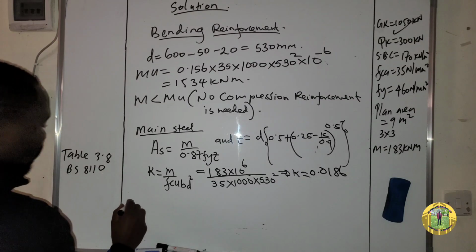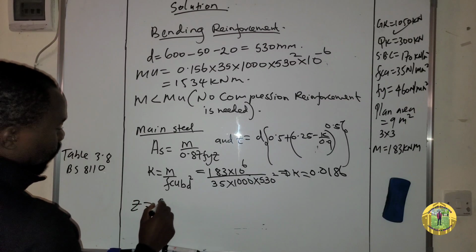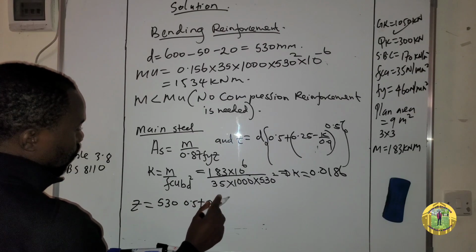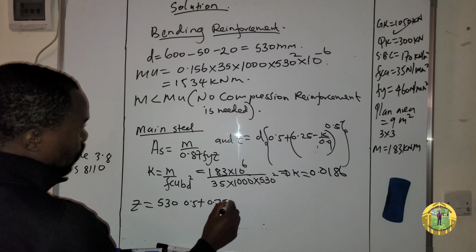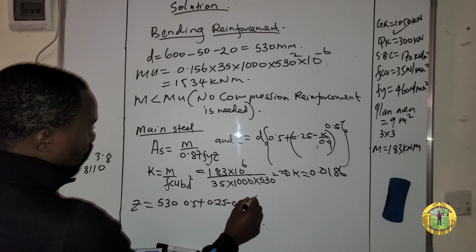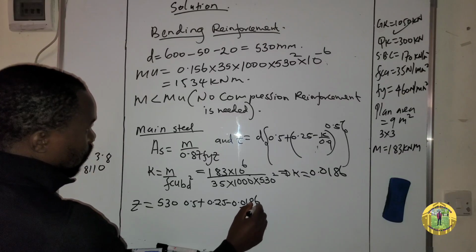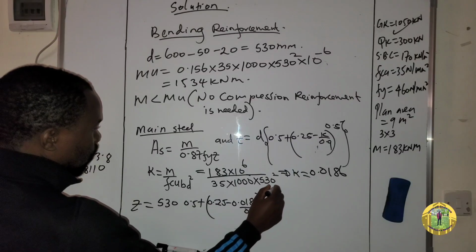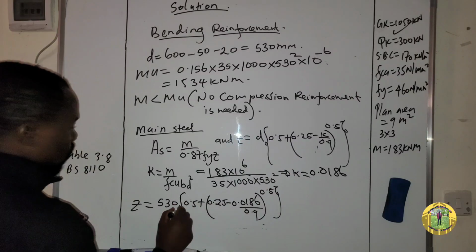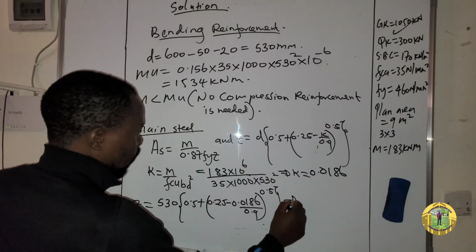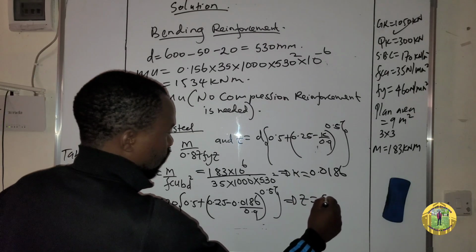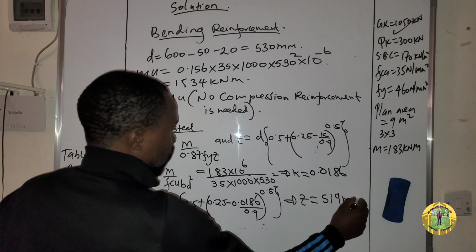So Z is equal to D, which is 530, so Z implies Z is equal to 519 millimeter. 519 millimeter.